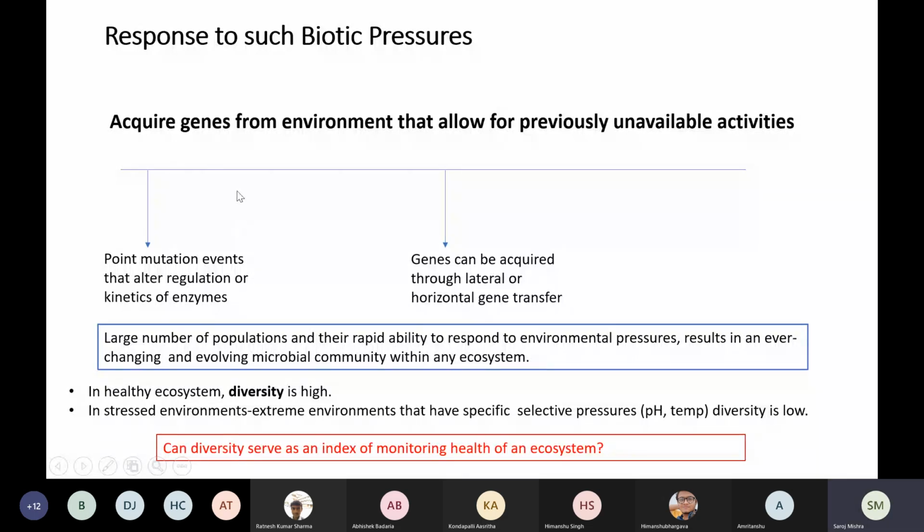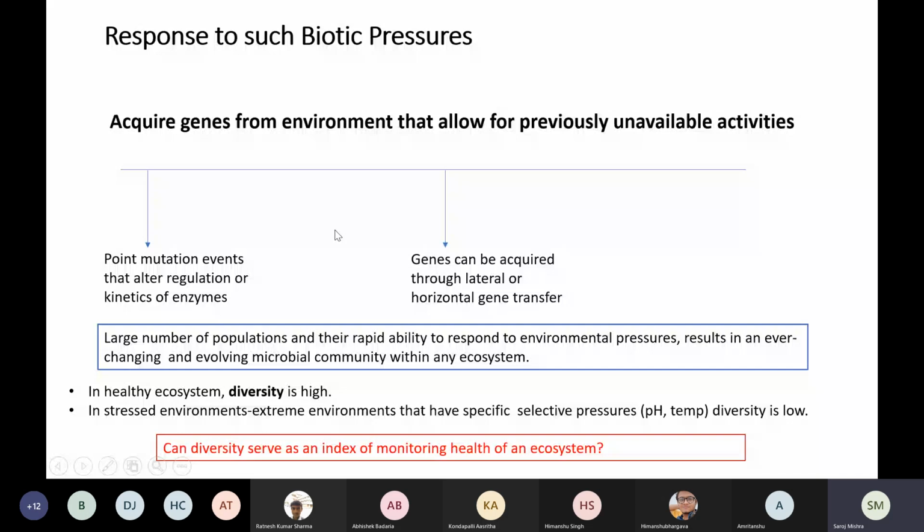Okay. So now I was giving you an example of Pseudomonas. Pseudomonas finds itself in a soil which is contaminated with naphthol, which is a hydrocarbon. Now in the same soil, there is another microorganism which contains a plasmid, which codes for a gene which can break down naphthol. This microorganism dies after some time.